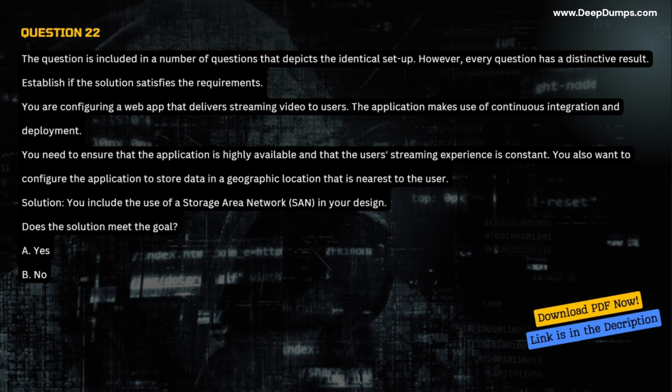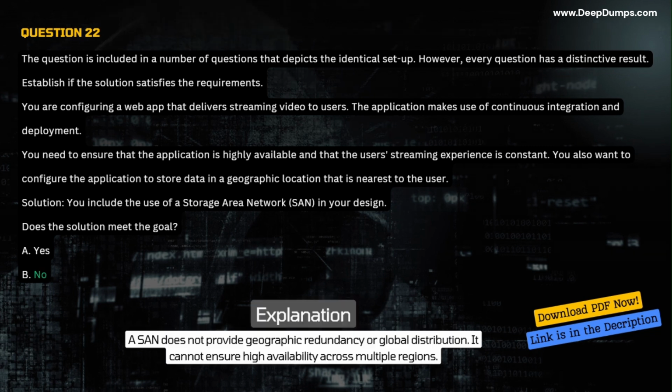You also want to configure the application to store data in a geographic location that is nearest to the user. Solution: you include the use of a Storage Area Network (SAN) in your design. Does the solution meet the goal? A. Yes. B. No. Correct answer B. No. Explanation: A SAN does not provide geographic redundancy or global distribution. It cannot ensure high availability across multiple regions.